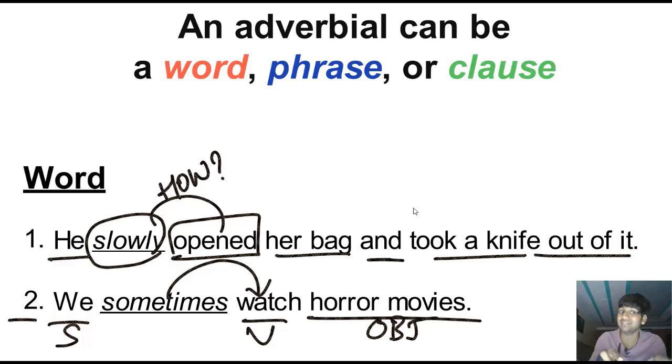A regular adverb is an adverbial as well, but leaving these regular adverbs, the other adverbials are words, phrases and clauses that can function otherwise, that can function as an adjective or a noun as well, right? But these regular adverbs cannot function as nouns or adjectives or any other way, right? They only function as adverbs. That is why we're calling them regular adverbs, right? But they are adverbials since they function as adverbs. All right. Okay. So words.